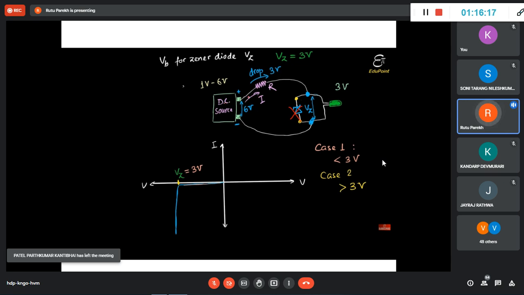Now let's say 3.1, 3.2, 3.3, it will start conducting, and the voltage across this, it will give this 3 volt. Once it exceeds 3 volt from here, it will start conducting, and whatever the voltage here is, this will get constant voltage, and 3 volt.